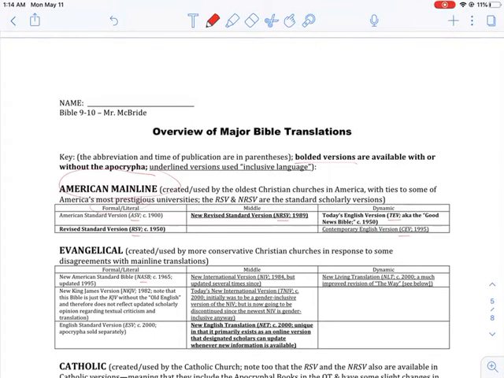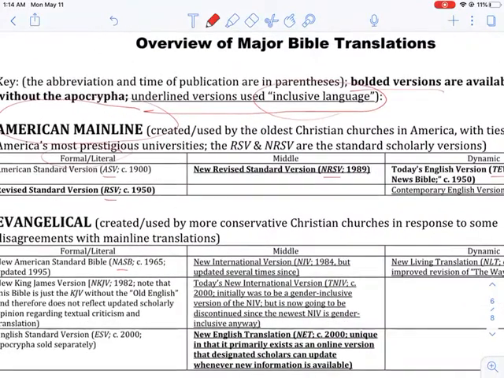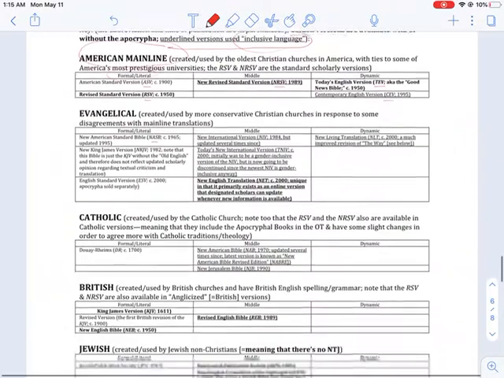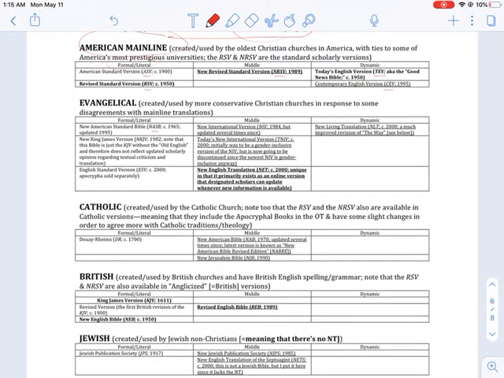Also, underlined Bibles use inclusive language, as we talked about, changing words so that both men and women are included. The NRSV in particular pretty much always uses inclusive language. So these are one school of Bible translations.